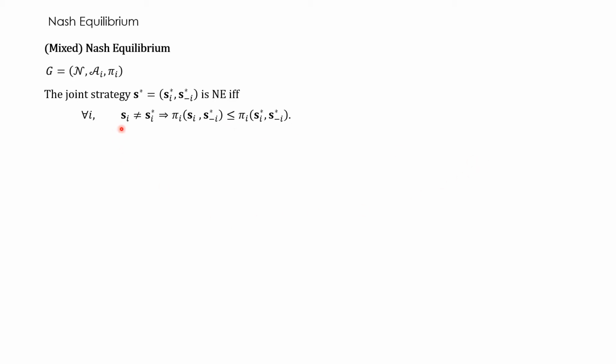In other words, if S_i is another mixed strategy of agent i, which is not the Nash equilibrium mixed strategy S_i*, then the payoff π_i with this mixed strategy S_i is always less than or equal to the payoff of that same agent i with the Nash equilibrium mixed strategy S_i*.